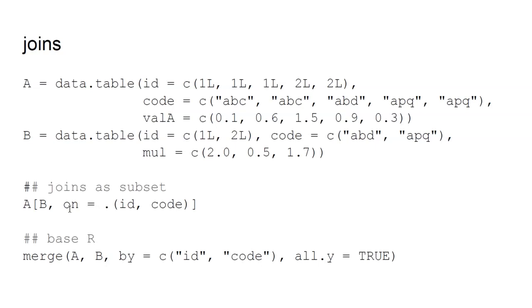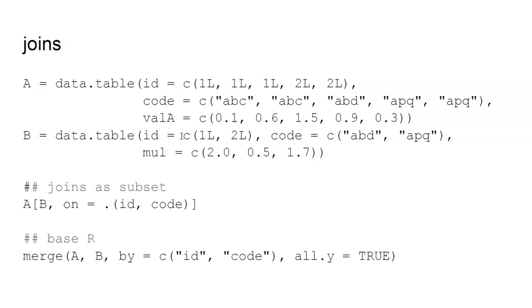And the corresponding statement in base R would look like the bottom one. So here we perform a join of data table A and data table B on columns ID and code, and whatever ID and code are present in the B data table will be present in the results.